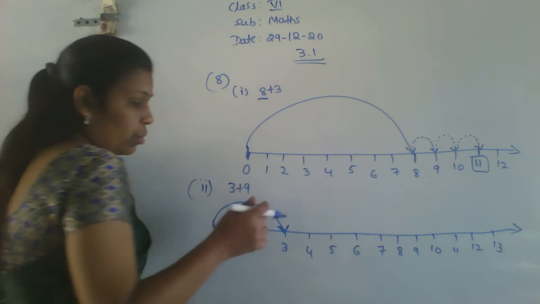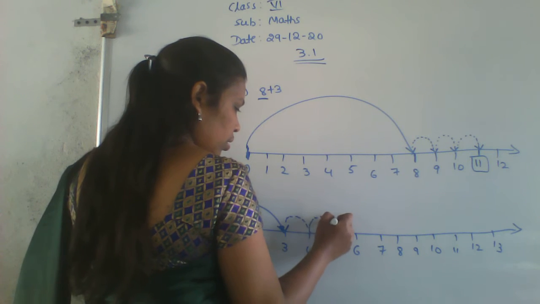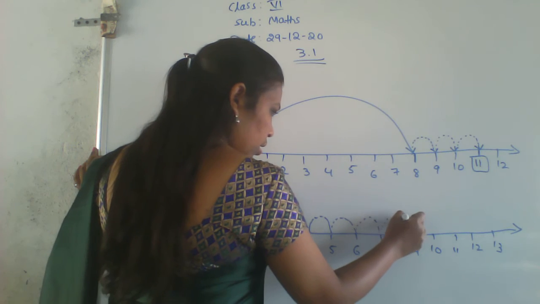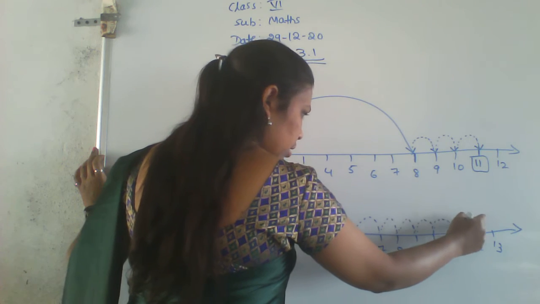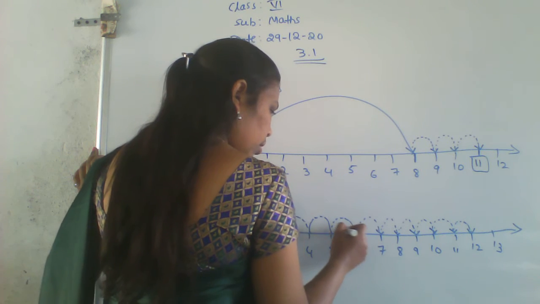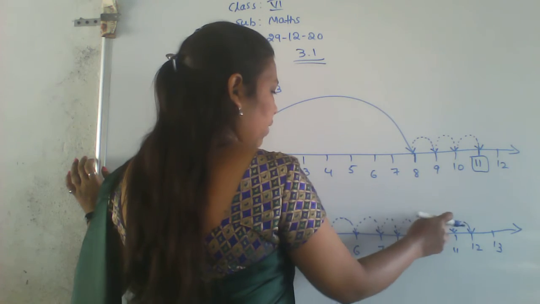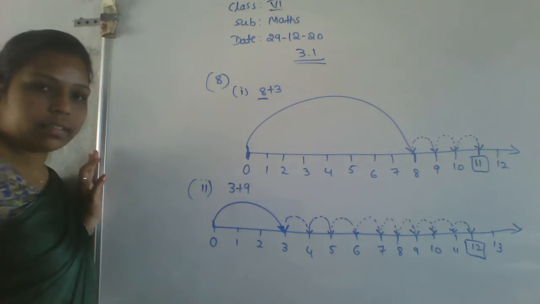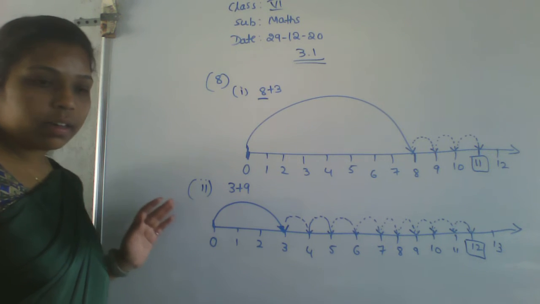Adding means you have to add one number at a time: 1, 2, 3, 4, 5, 6, 7, 8, 9. Right? So 9 times added. What is the answer we got here? 12. That is the representation of addition of numbers on the number line.